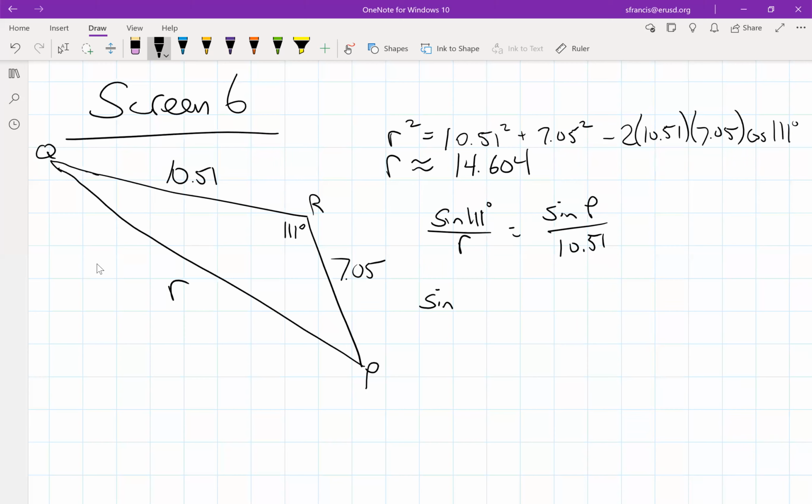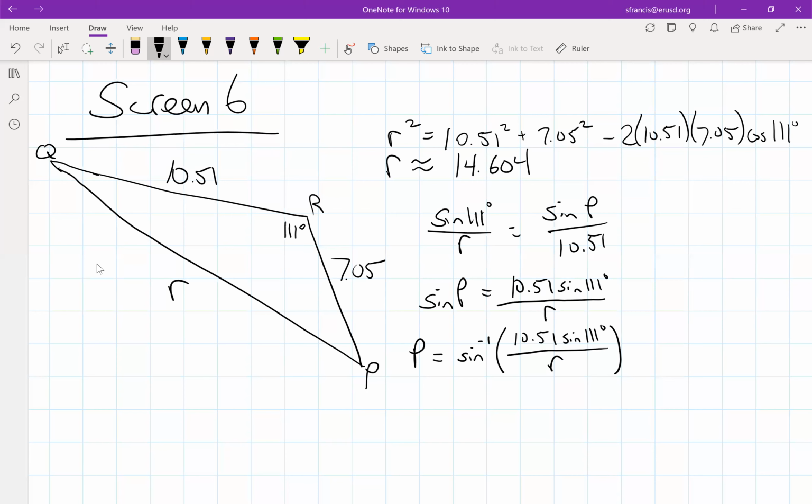So sine of P is going to be 10.51 times the sine of 111 degrees over R. And so P, angle P, is going to be the inverse sine of 10.51 times the sine of 111 degrees over R, which is our approximately 14.604.